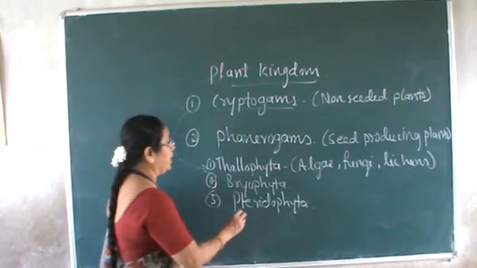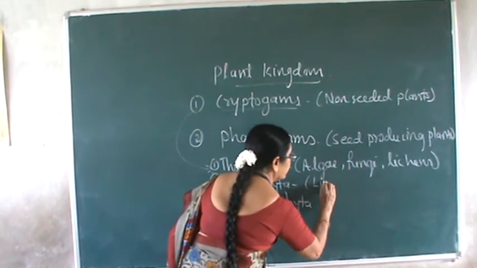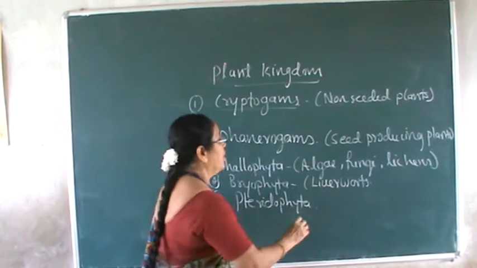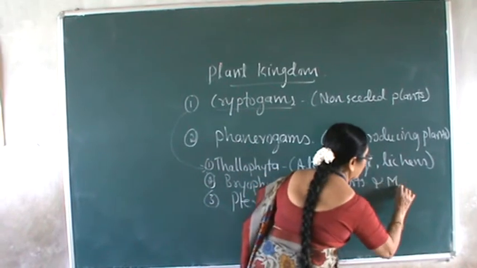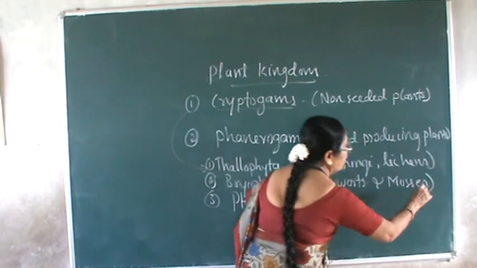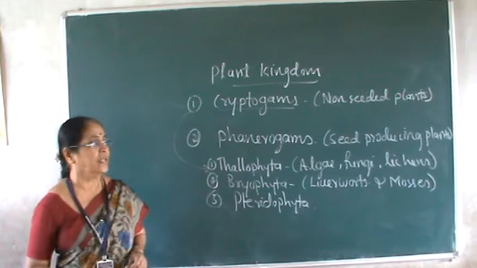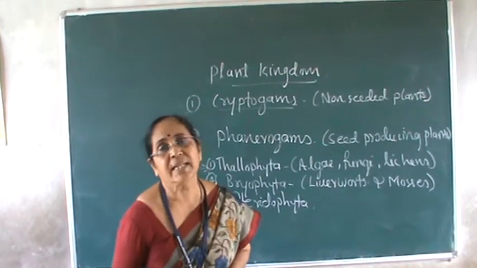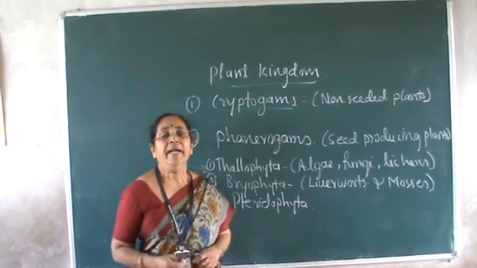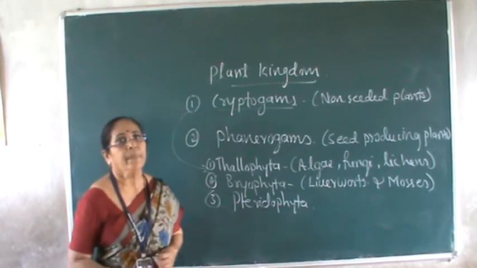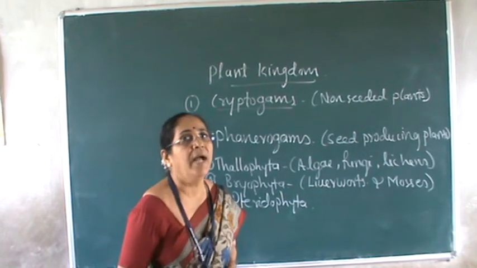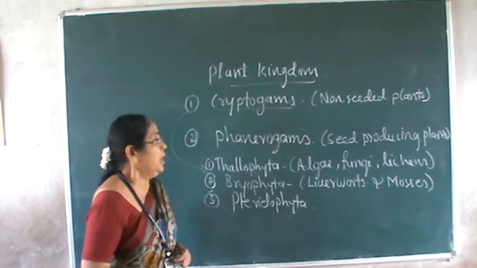The Bryophyta includes liverworts and mosses. In liverworts the plant body appears like the liver lobes of animals, where it is dorsiventrally flat in nature. You have studied the life cycles of Riccia, Marchantia, Anthoceros, etc. They belong to liverworts.